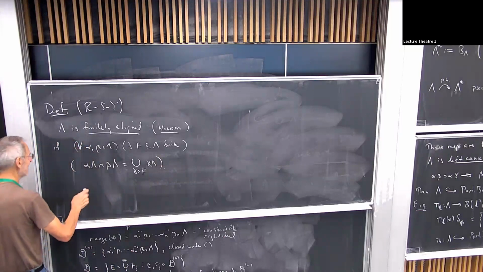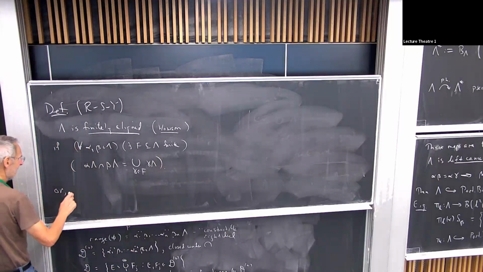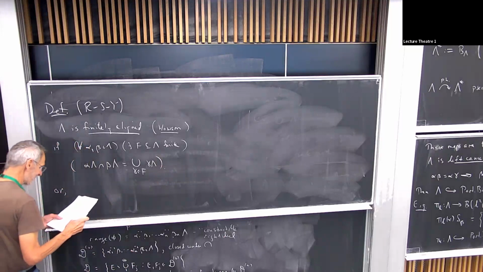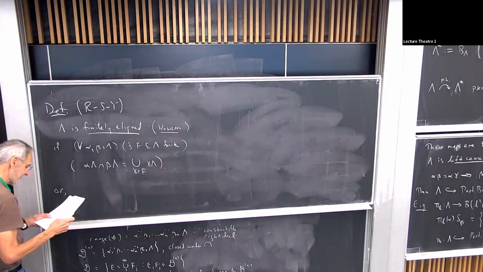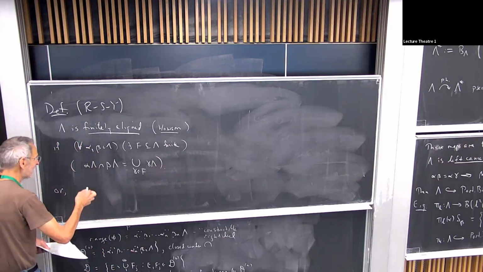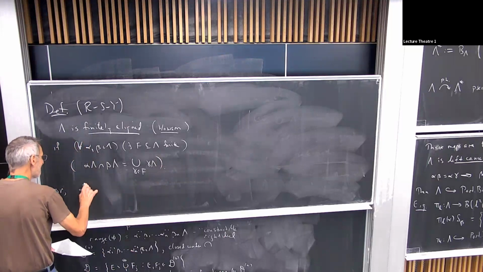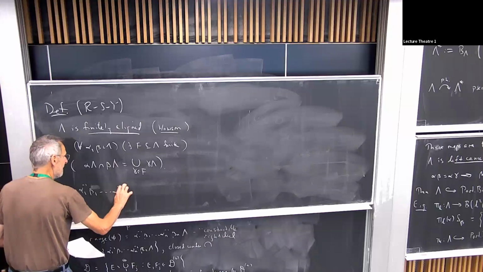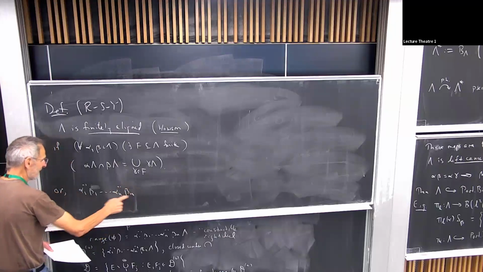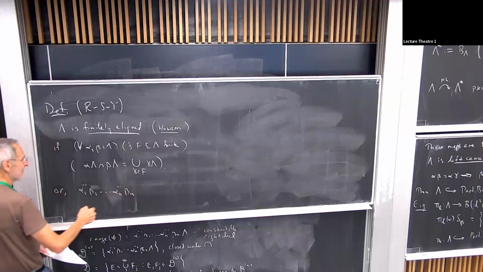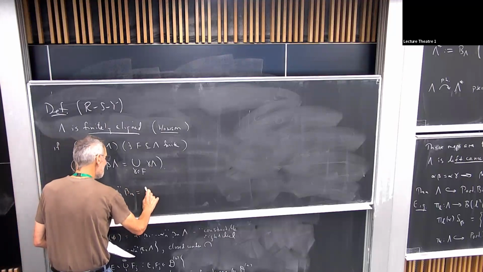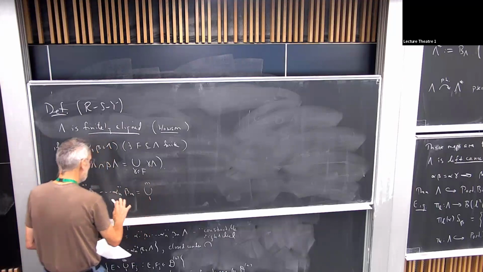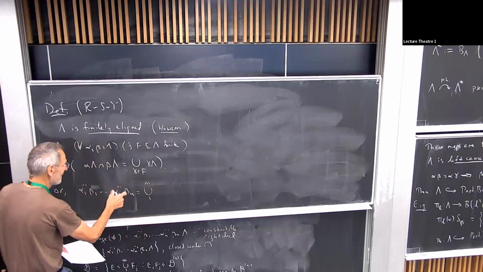Another way of saying it is that every element of the inverse semigroup, so let's write alpha 1 inverse, beta 1, every map of this form can be written as a finite union of a compatible family of maps with the orders of the inverses reversed.